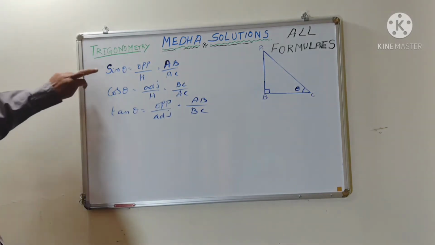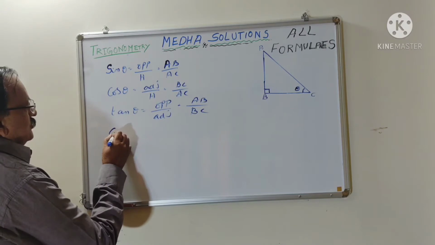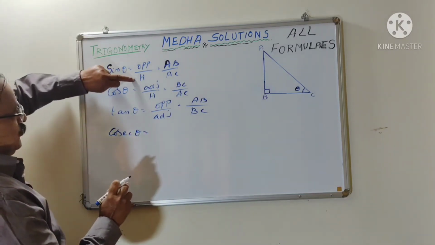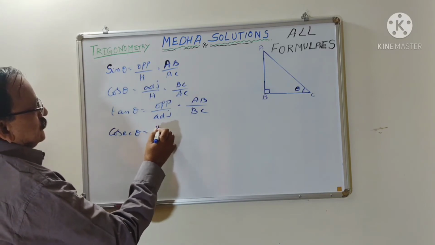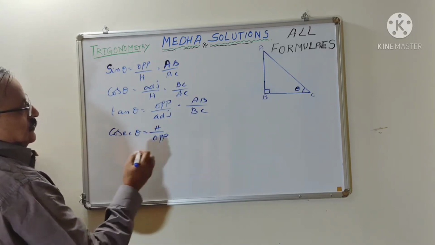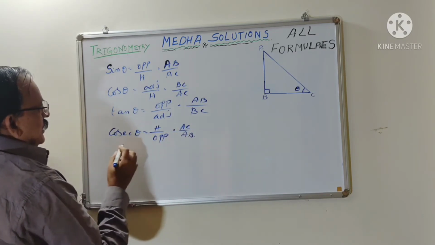Why? Because sin theta is there, its inverse function is cosec theta. Reverse it: hypotenuse by opposite, that is equal to AC by AB. And then sec theta.